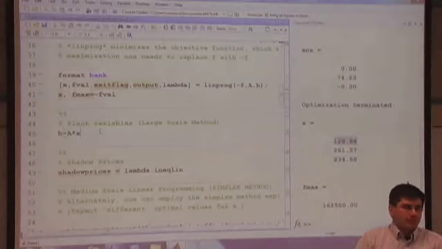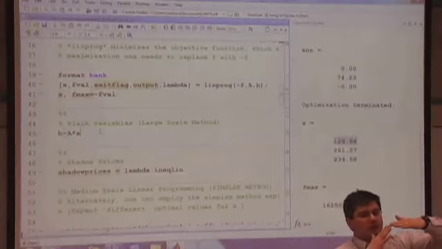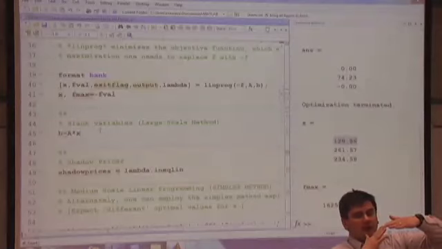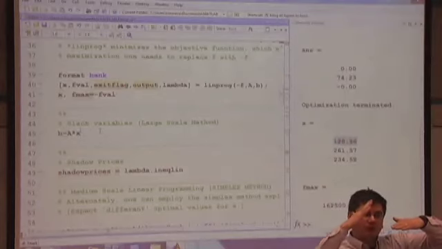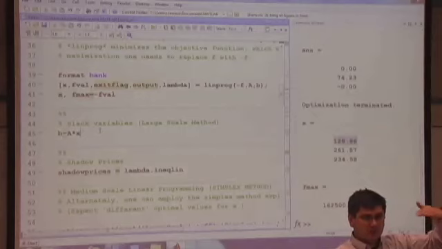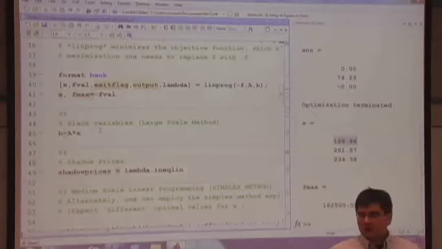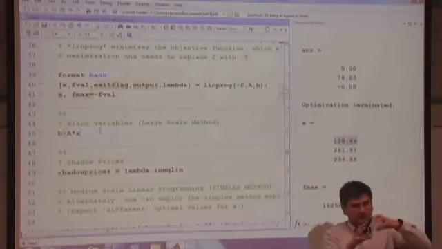So what does it mean that we have excess labor? If you think about that simplex, it means that where the maximum occurs is somewhere different from where the labor constraint is reached. So it's not on the face where labor reaches its constraint. That's the visual picture.